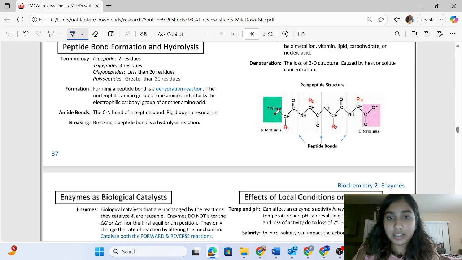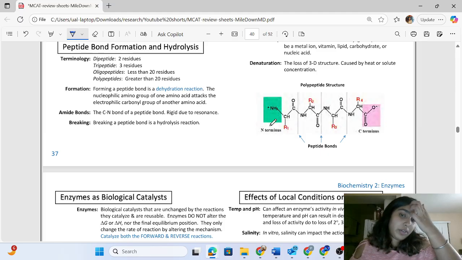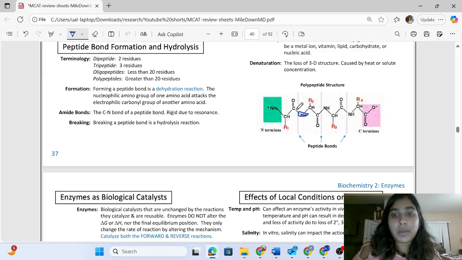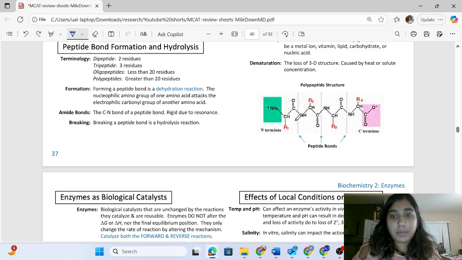This is the amino N terminus, or the amino part of this amino acid, and here we had the C double bond O and then OH over here. So what happened was one H was taken from this amino group, and the OH was taken from this carboxylic group, and then a bond was formed, which is called the peptide bond.